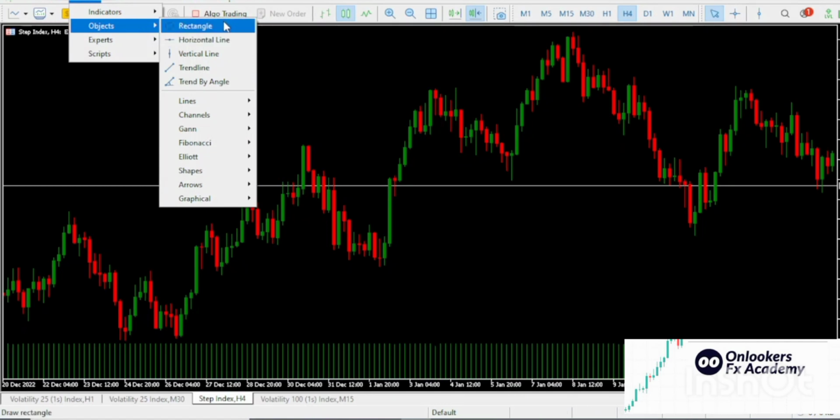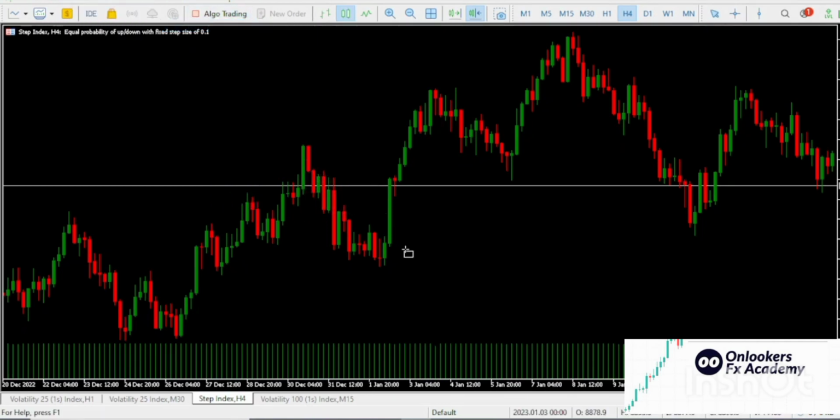Let's say from this movement, from where this long candlestick formation is, you see the candlestick before this aggressive move, this push up and the aggressive move to the top.